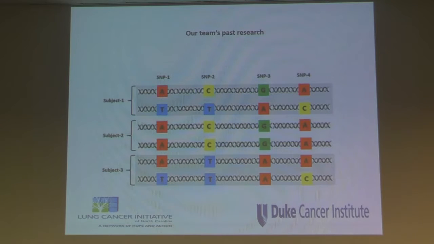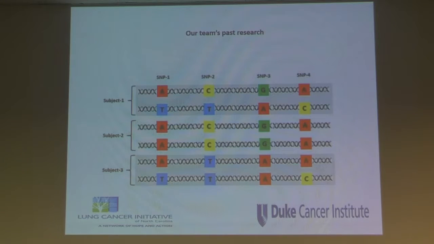A little while back, we compared normal lung tissue to tumor tissue in the lung, and we used the method known as genome-wide association studies, or GWAS. We were looking for very specific variations on those genes called single nucleotide polymorphisms, which are just small changes in those base pairs that we talked about earlier.